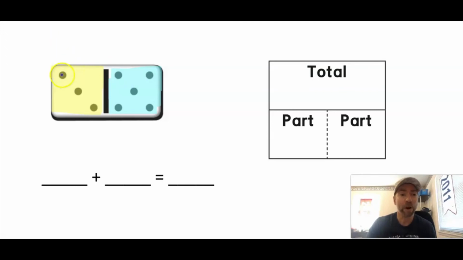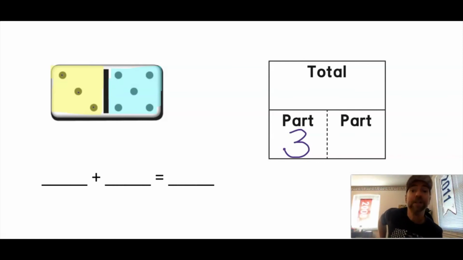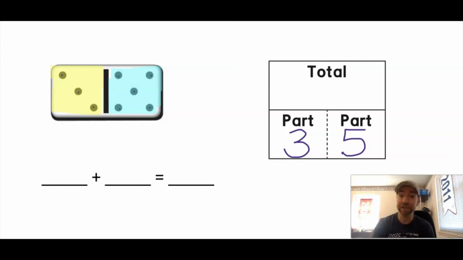In our first part, I see 1, 2, 3 dots. So I'm going to write that number 3 in my part total diagram where I have my very first part. Now I have to count my dots in my other part. 1, 2, 3, 4, 5. So I'm going to write a 5 in my other part.